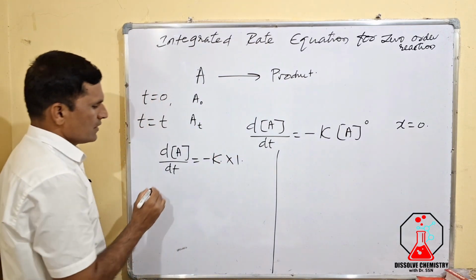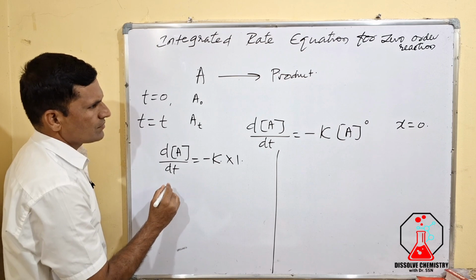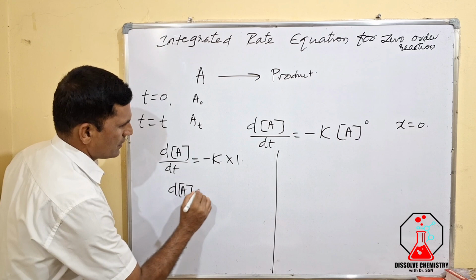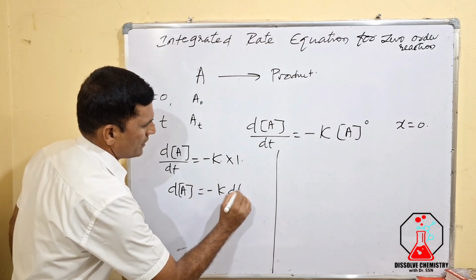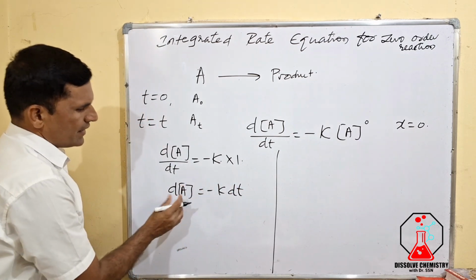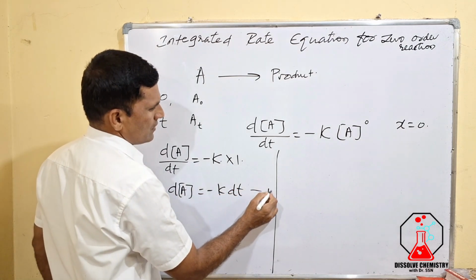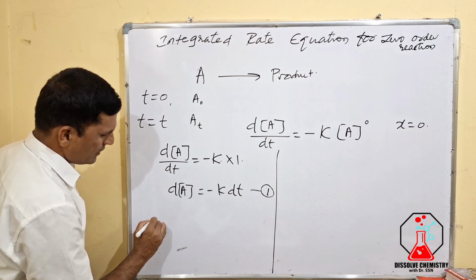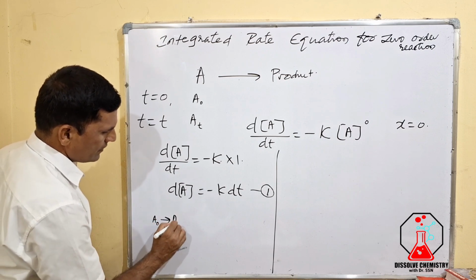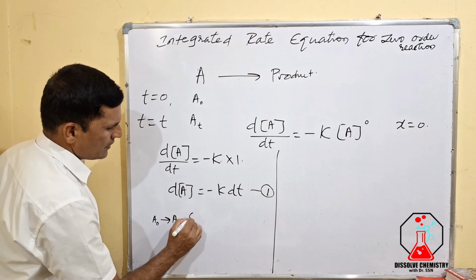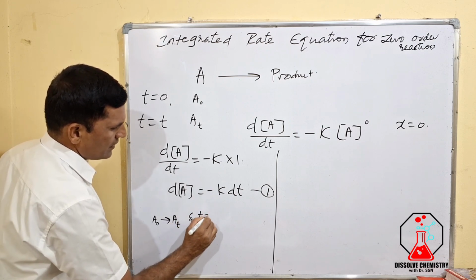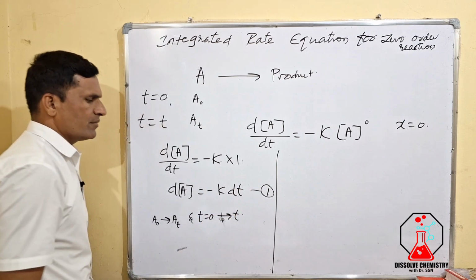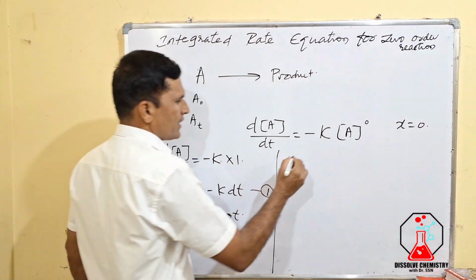The next step: dA is equal to minus k into dt. Now integrating this equation, you call this equation 1, under the limits of concentration A0 to At, and under the limits of time t equal to 0 to t.